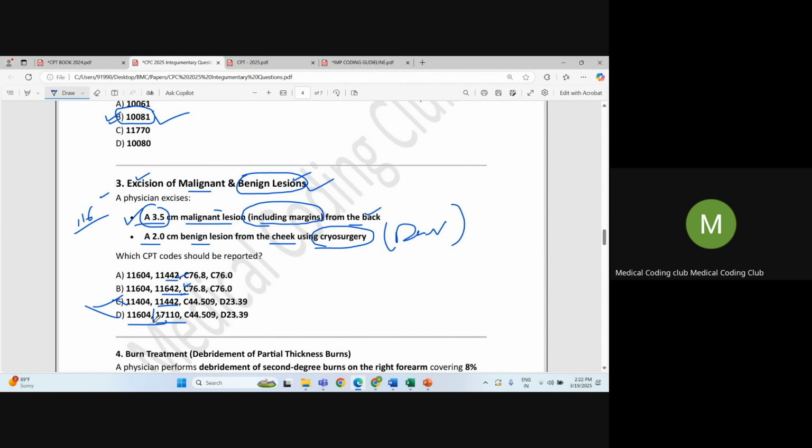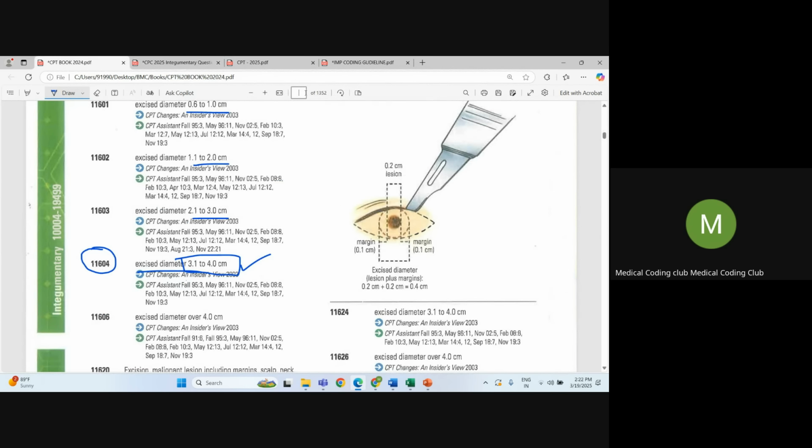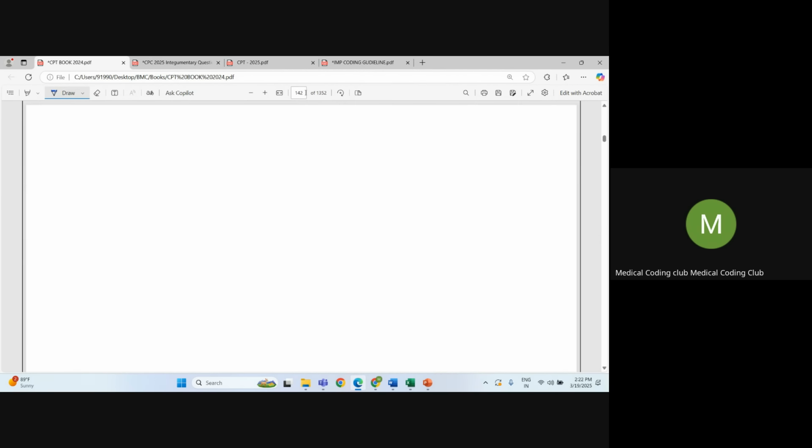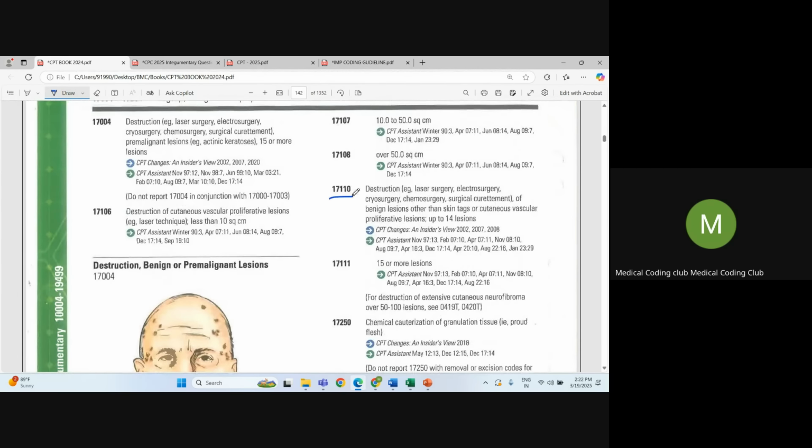And let's see what 17110 is. 17110 comes under destruction of benign lesion. You can see cryosurgery, destruction up to 14 lesions.